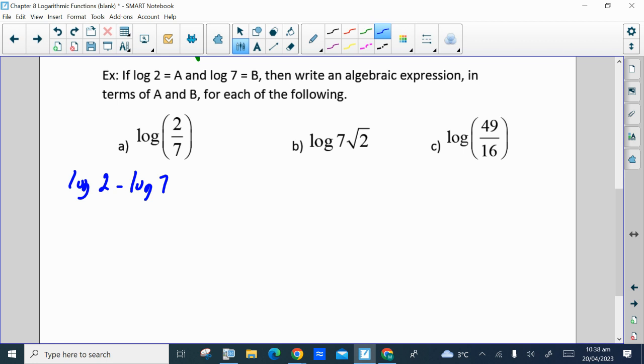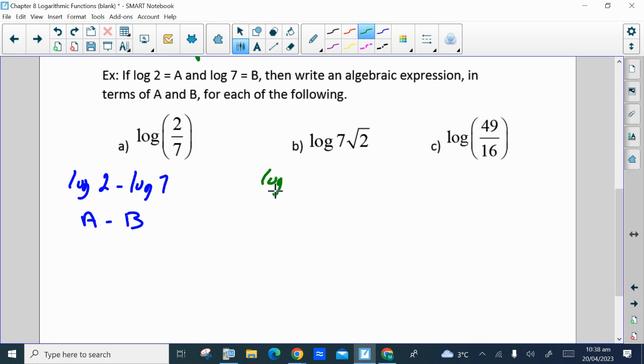And we're told that log of 2 is A, log of 7 is B. So written in terms of A and B, that will be A minus B. So you need to write each of these logs in terms of log 2 and log 7. And then you can substitute in A for log 2, B for log 7.